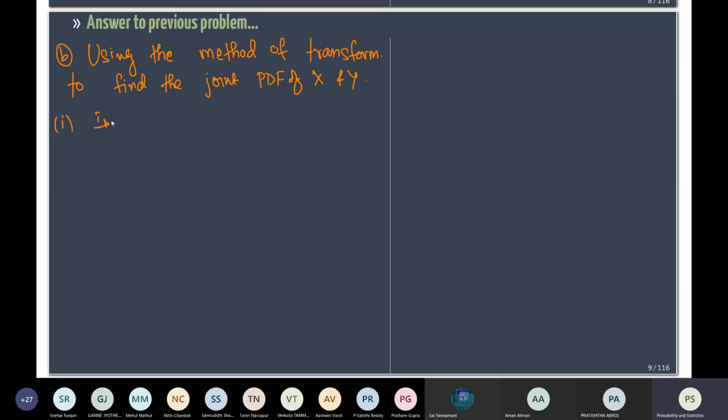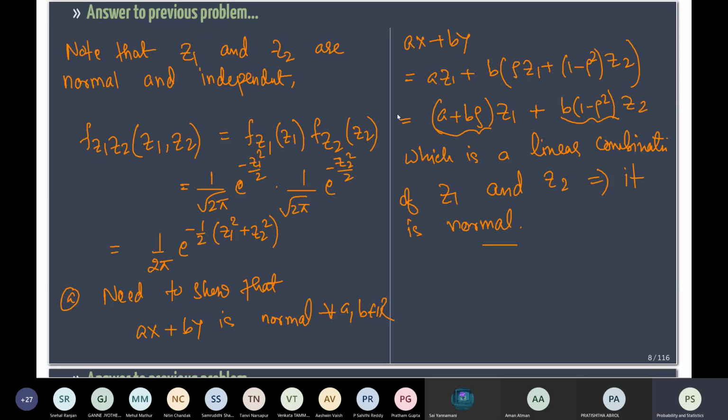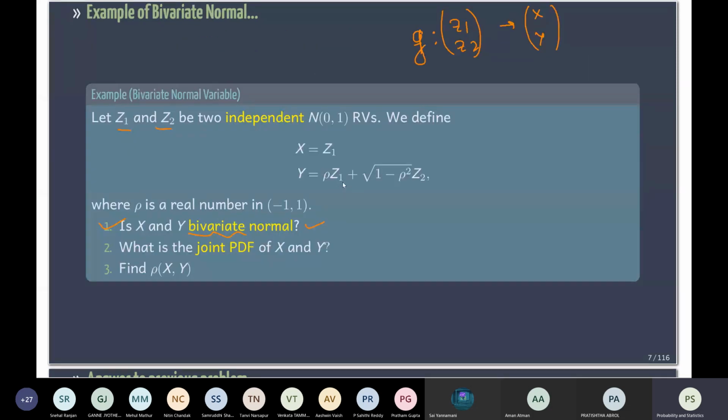Z1 is simply X, and we define this as H1(X,Y).